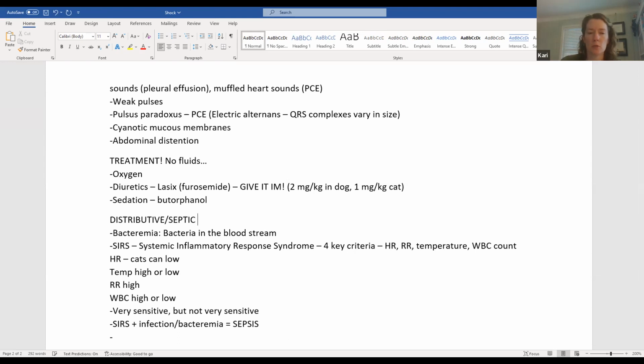So the idea here with distributive or septic shock is that your volume might be normal, right? You might be normovolemic. You might not be, but you might be normovolemic, but you have this infection that is causing systemic inflammation, and that inflammation is causing poor tissue perfusion or poor oxygen utilization in the body.